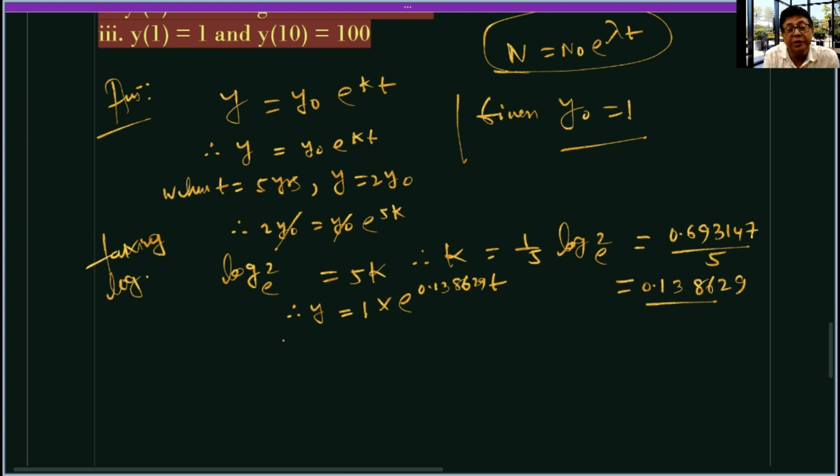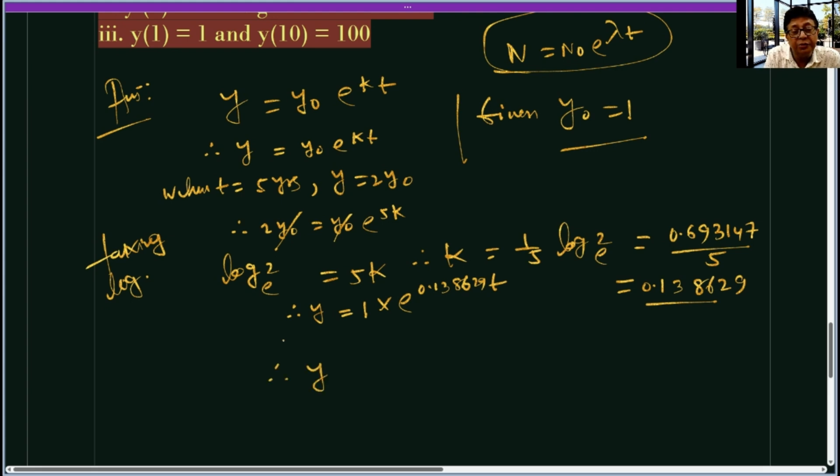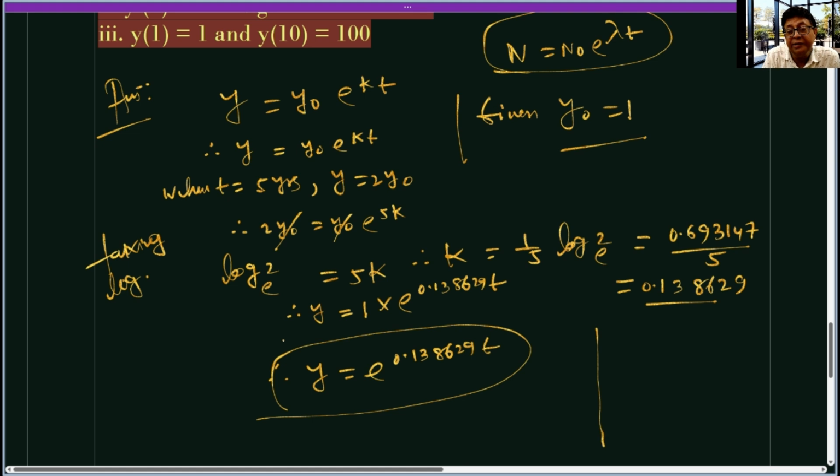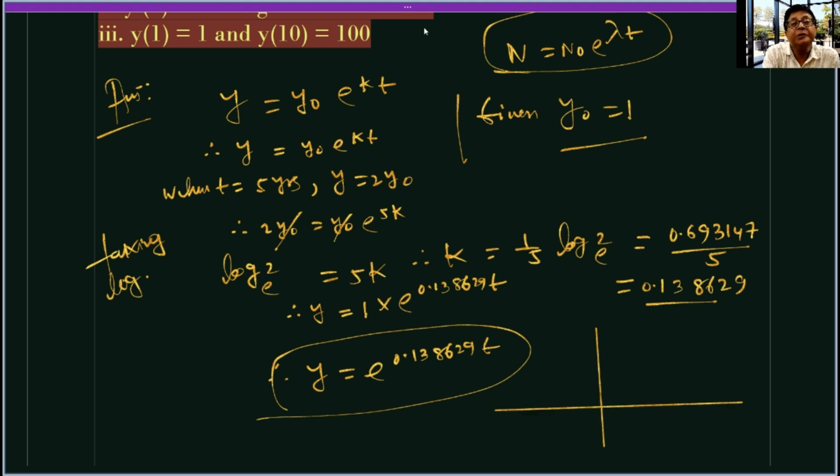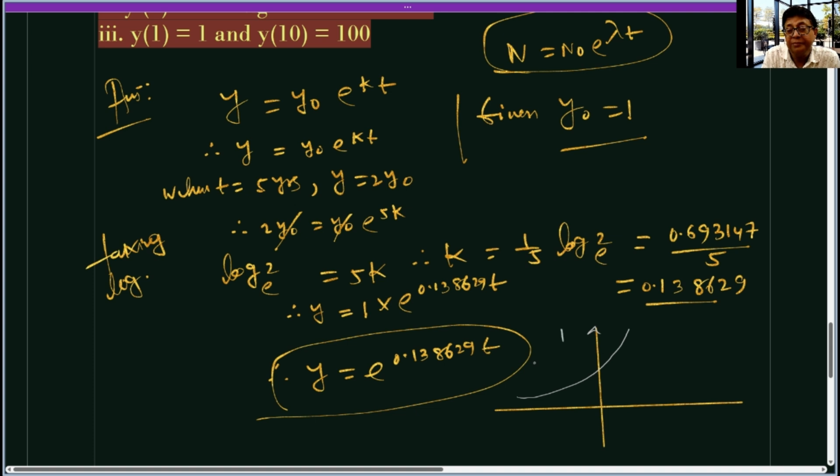So the required growth model is y equal to e to the power 0.138629t. It goes on increasing. Graph I already showed you. Whenever exponential growth is there, the graph will be like this. It goes on increasing. Okay? And this is t. Alright?